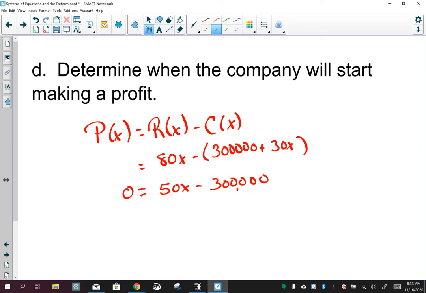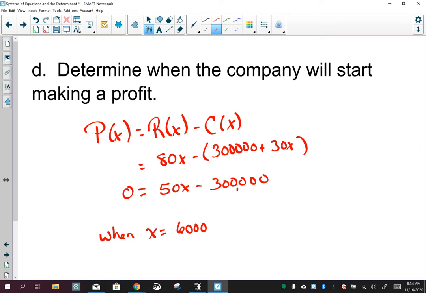So I know that I'm going to start making money when my x is equal to 6,000 pairs of shoes. So once I hit that 6,000, then I'm going to wind up making money. So anything above that is what I actually wind up making.